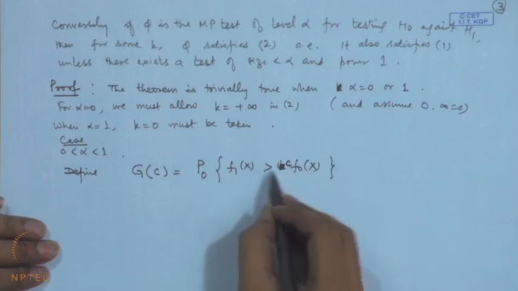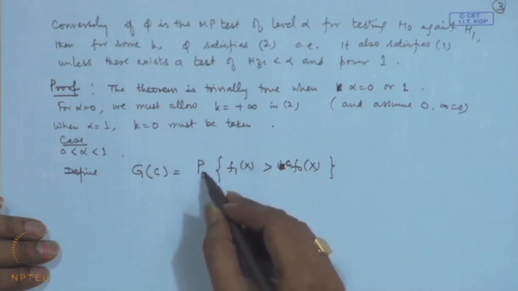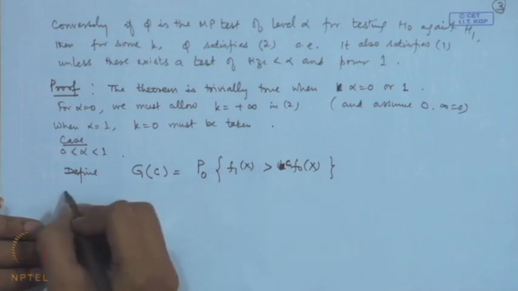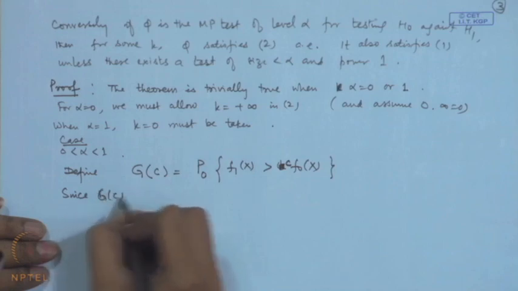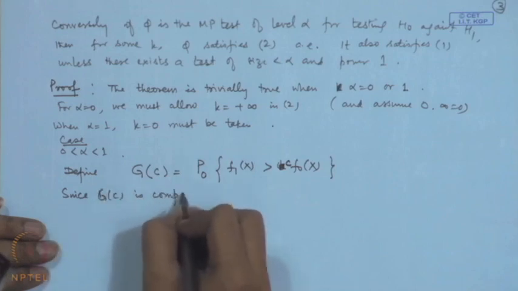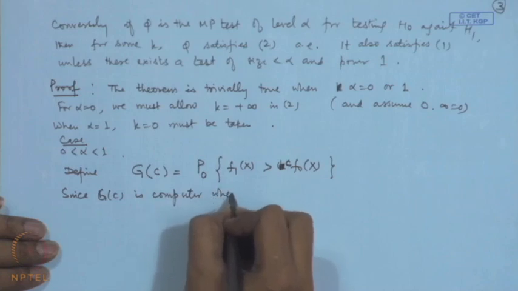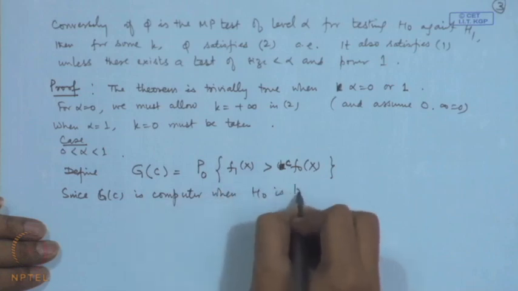So, this is under H naught, since G c is computed when H naught is true.